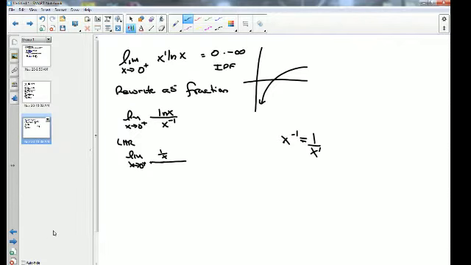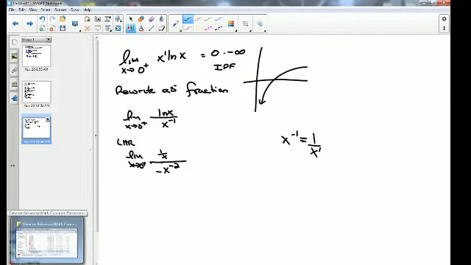And what's the derivative of x to the negative 1? Negative 1 x to the negative second. So again, bring the exponent down, subtract 1.